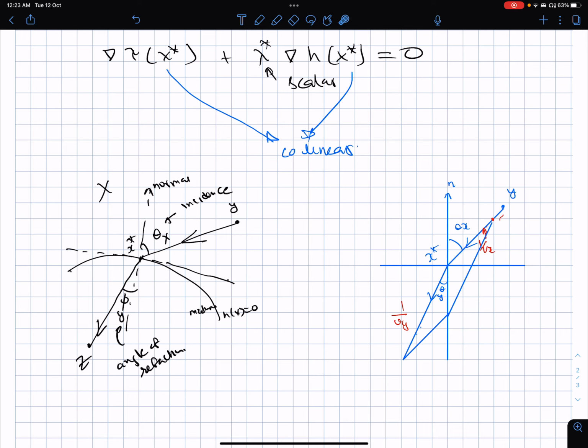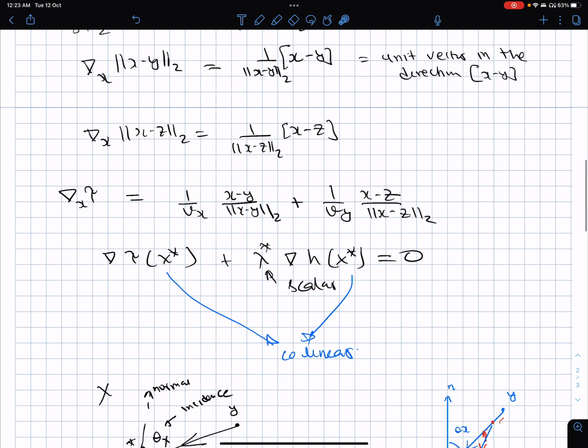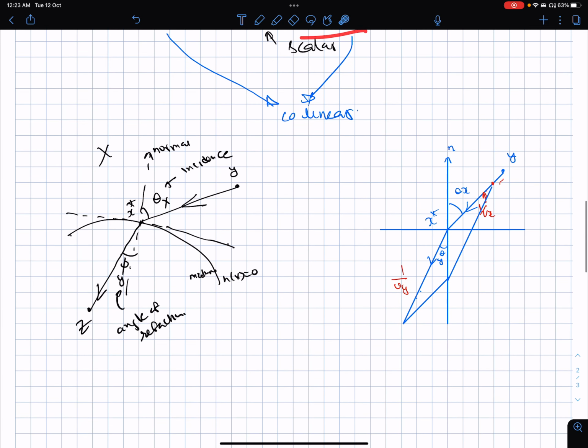Then this becomes the diagonal, and this diagonal, we know from our optimality condition, is collinear with respect to this normal. So when I extend this diagonal, this whole thing is a straight line.